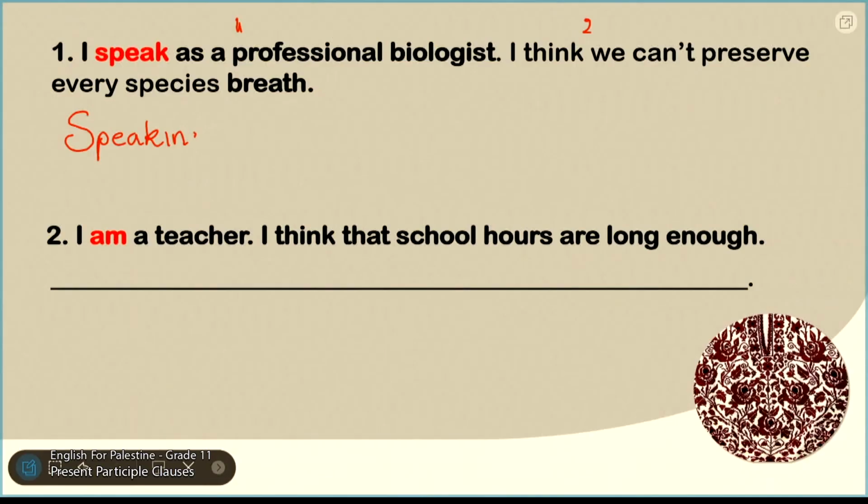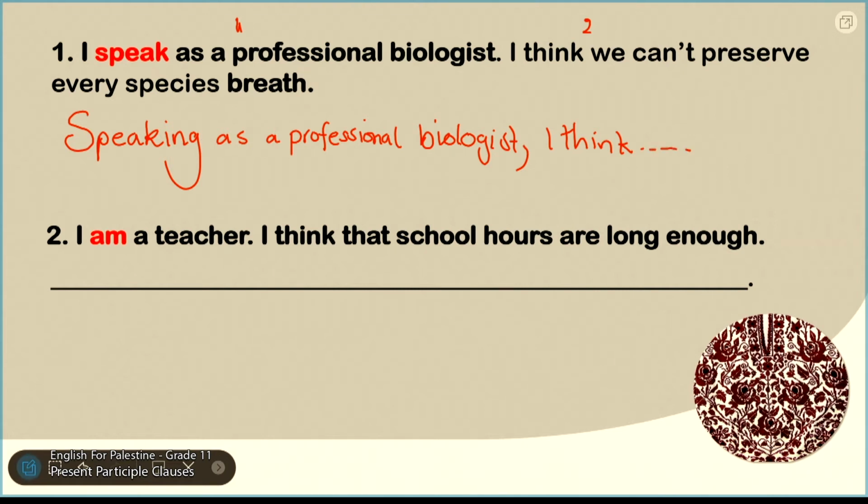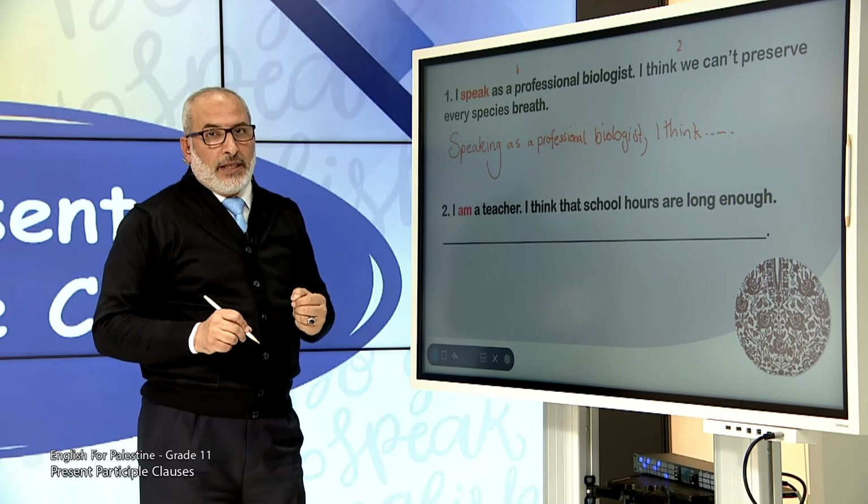We add ing: speaking as a professional biologist, comma, I think we can preserve every species' breath. So here, speaking as a professional biologist, I change this part into an ing phrase or present participle clause.